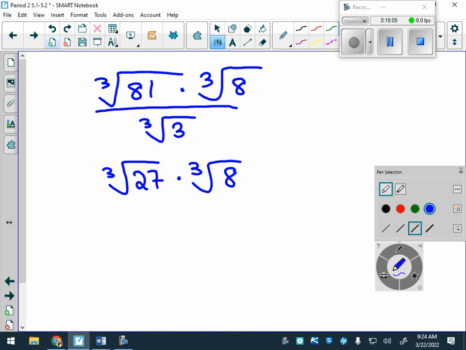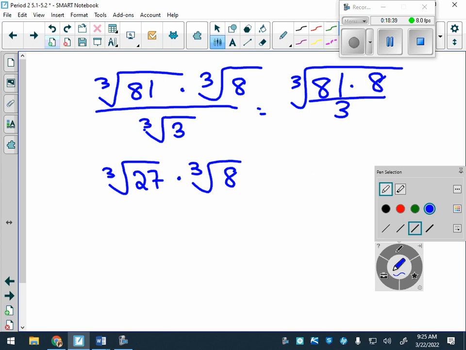Because these are the same root, the cube root, but now we're multiplying. So if I wrote it all over the cube root, you could even multiply 81 times 8 and then divide by 3, since it's all under the cube root.